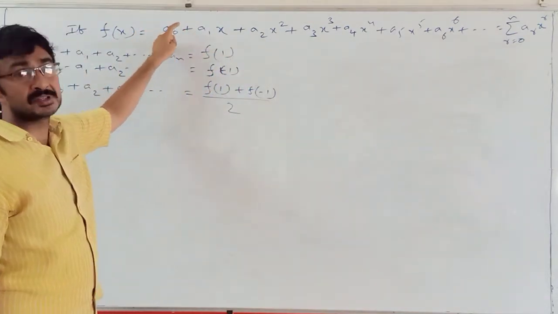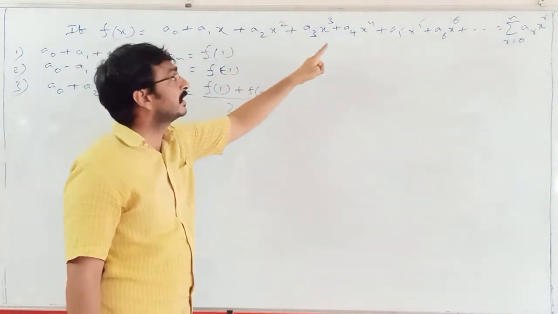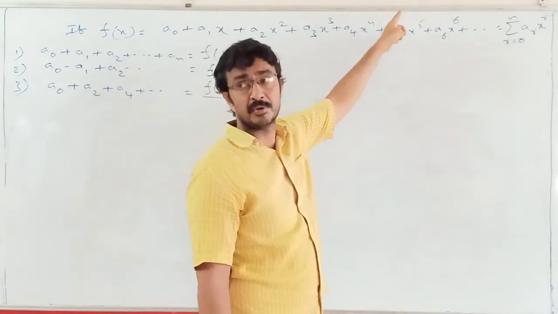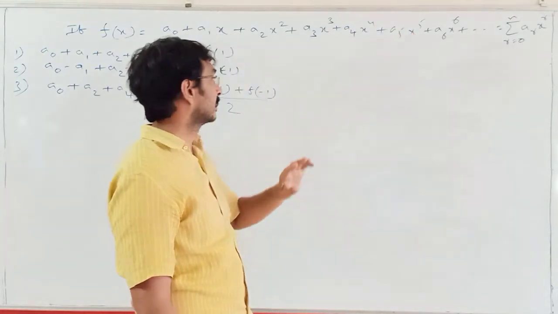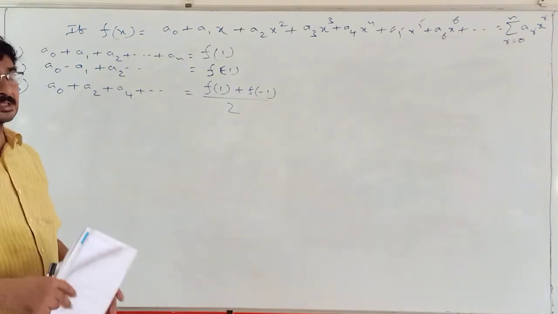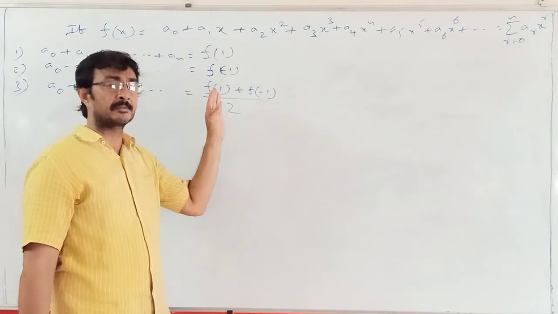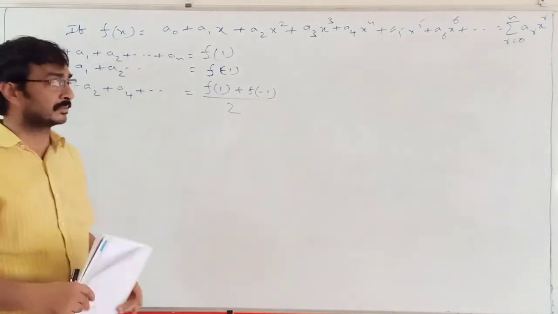Here x power 0 is even, a2 is the coefficient of x square, even, a4 is the coefficient of x power 4, even, and so on. So they can ask what is the sum of the coefficients of the terms with the even powers of x? So by heart, the formula is f of 1 plus f of minus 1 by 2.